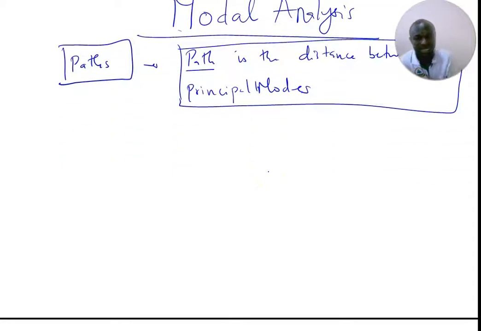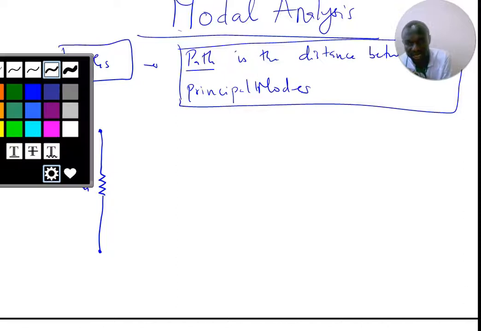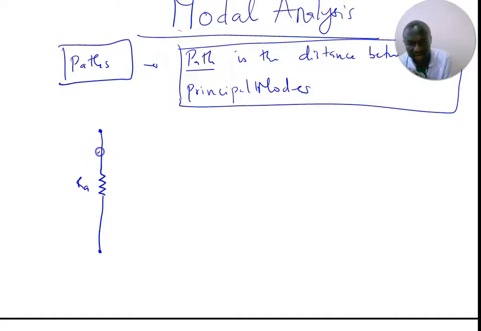So I can get a principal node here, right? Let's say two principal nodes. And I'll get a path with only what? A resistor. I can get a path with only a resistor, right? Let me call it RE. And the current that is flowing through it is I1.